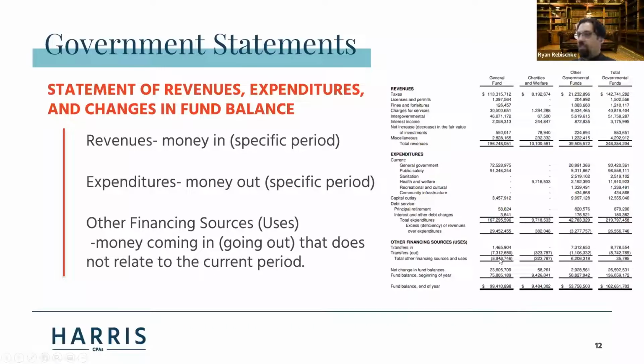This is usually transfers between funds because we still have to account for those items. They're just not relevant to the fund statements. So transfers is the biggest one you'll see here. This would be, say, the general fund is covering for another fund, they're transferring money out, or another fund is paying back the general fund, they're transferring money in. That is the big thing you'll see here.